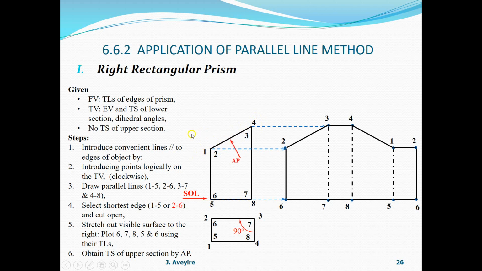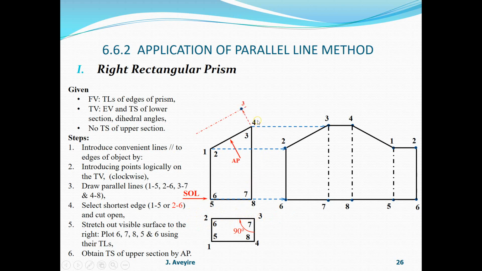So this can be obtained by auxiliary projection. Projecting here by the auxiliary method, that would be our auxiliary view. So here, the reference line to the auxiliary projection is drawn, and the reference line passes through 3 and 2. So that is 0.